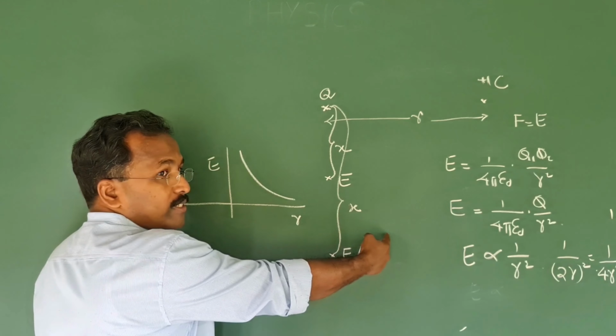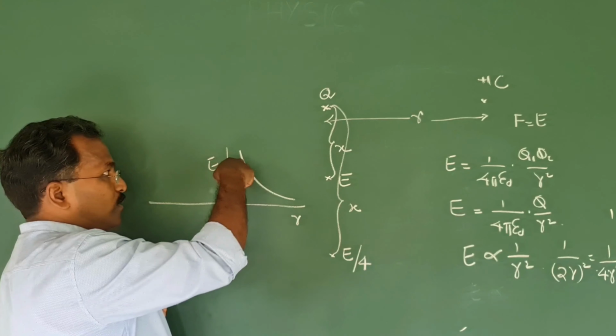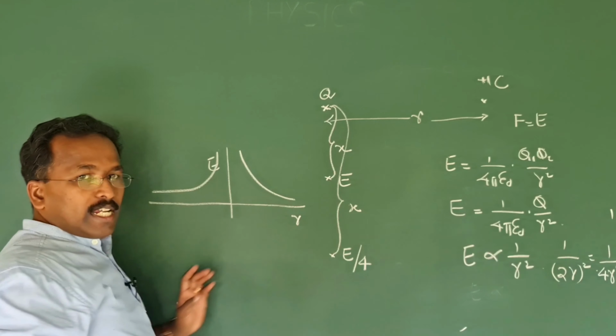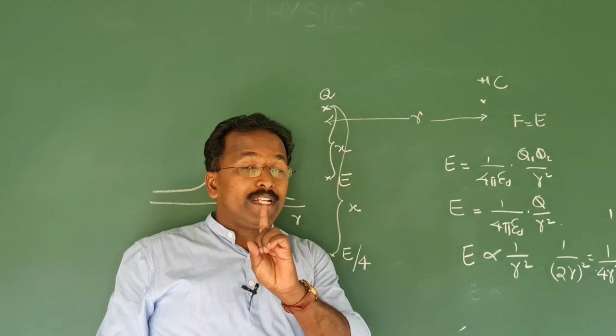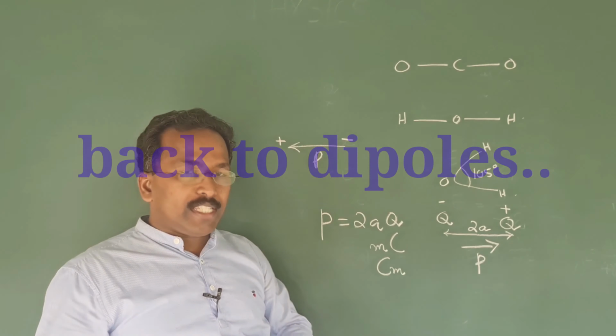As R approaches infinity, E approaches 0, and here also. On this side you have a symmetrical graph to the other side. So I hope this much is clear about point charges. So I hope you understood the electric field calculation of point charges.